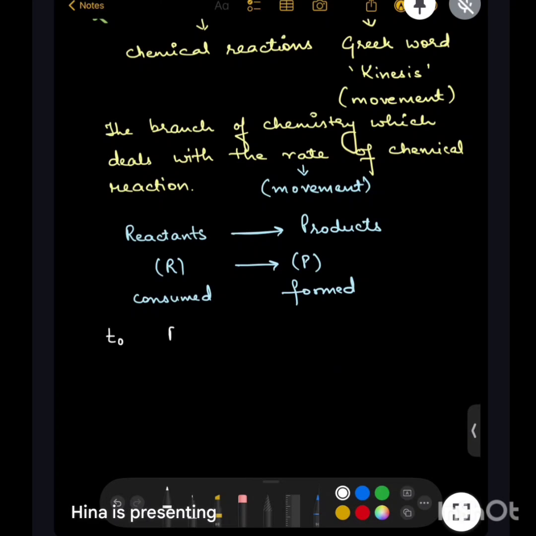We can denote the initial concentration of the reactant as R1 within the square bracket, and the square bracket shows us the molar concentration, and here we have taken only 1 mole of reactant and 1 mole of the product.